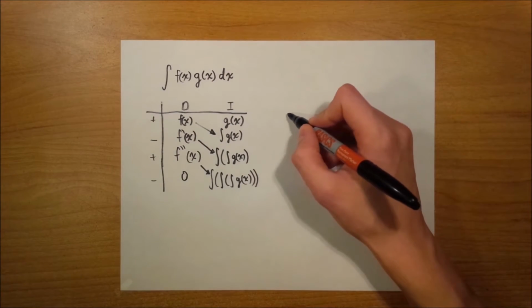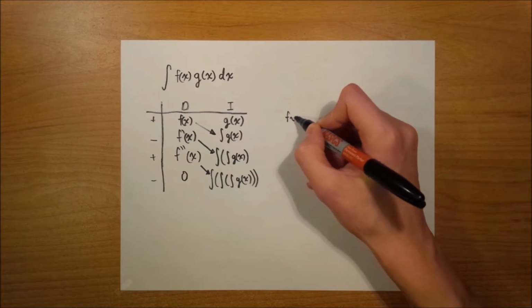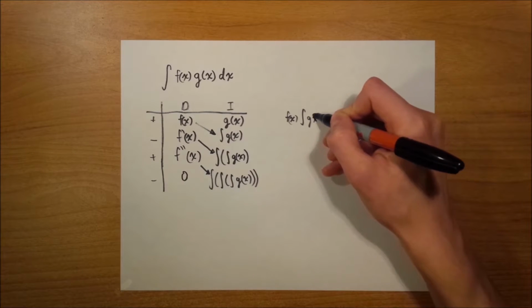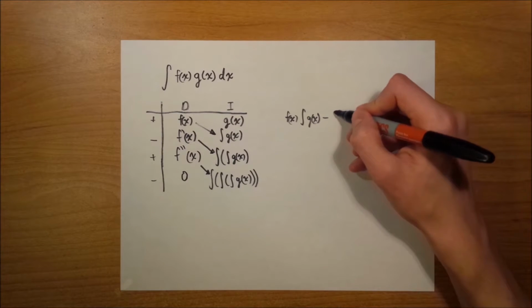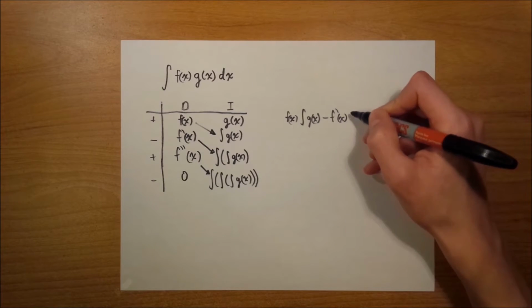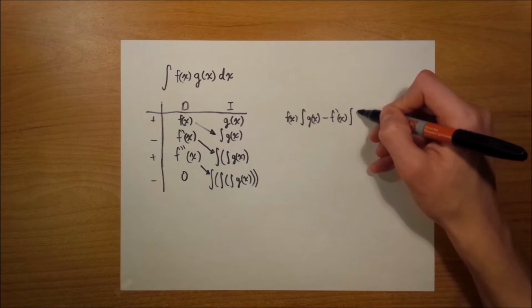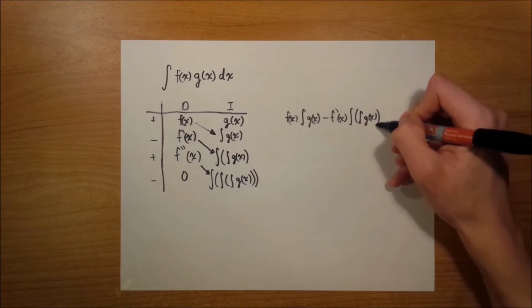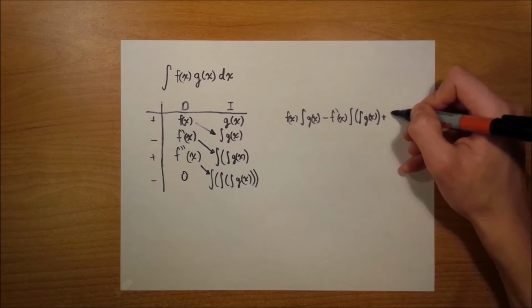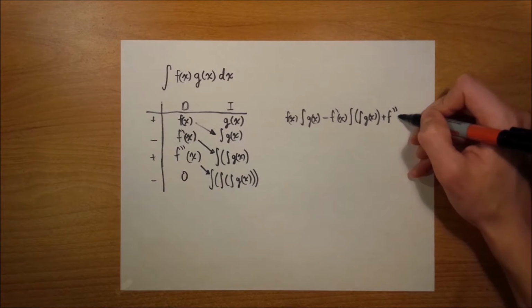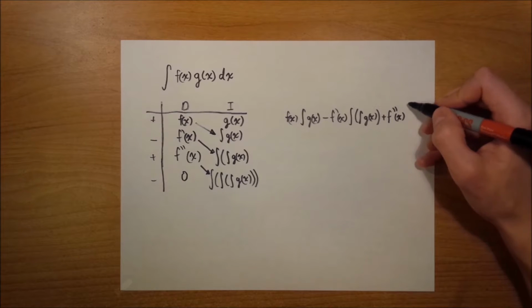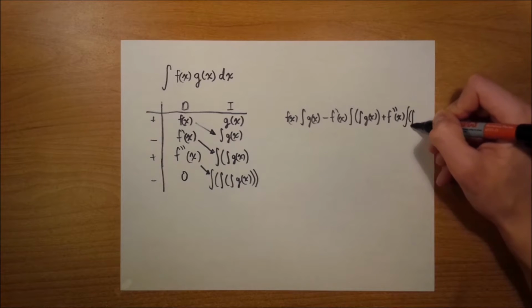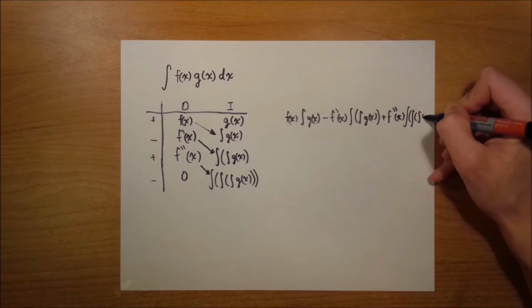So here we would have f of x times the integral of g of x, minus f prime of x times the integral of g of x, plus f double prime of x times the integral of the integral of g of x.